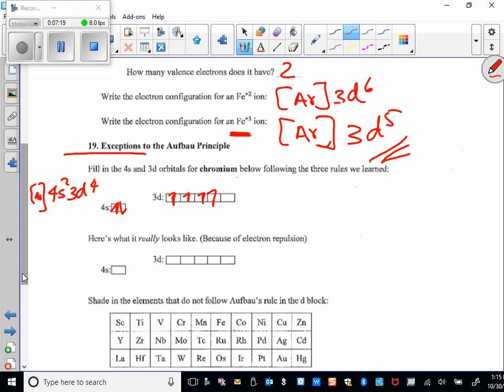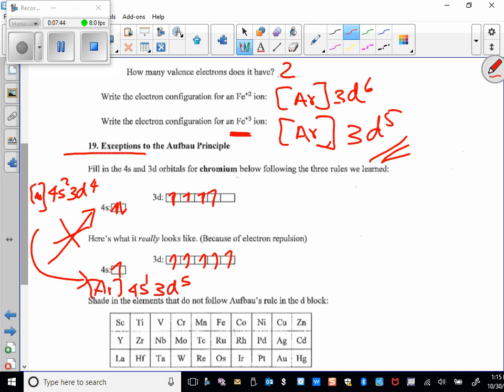And that would be the orbital diagram. But does chromium look like this? No. It looks like this. So what is chromium's electron configuration? Argon 4s1 3d5. It's one of the exceptions that we are learning about.